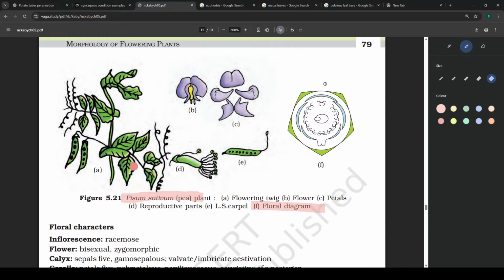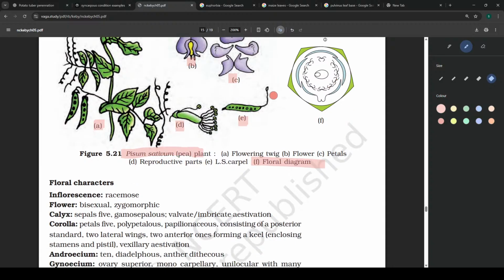A is the flowering twig. B is the flower. C is the petals. D is the reproductive part, basically stamen and ovary. And E is the longitudinal section of a carpel. Basically, we saw the marginal arrangement before, same thing.